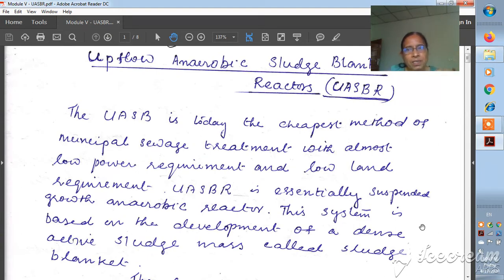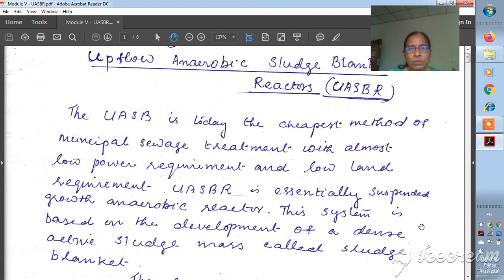In the aerated lagoon, sufficient aeration is provided, but the suspended biomass is aerated to a certain limit, then allowed to settle in the same lagoon itself. So it has a large depth, almost 4.5 to 5 meters, and in the bottom layer the anaerobic bacteria are reacting.